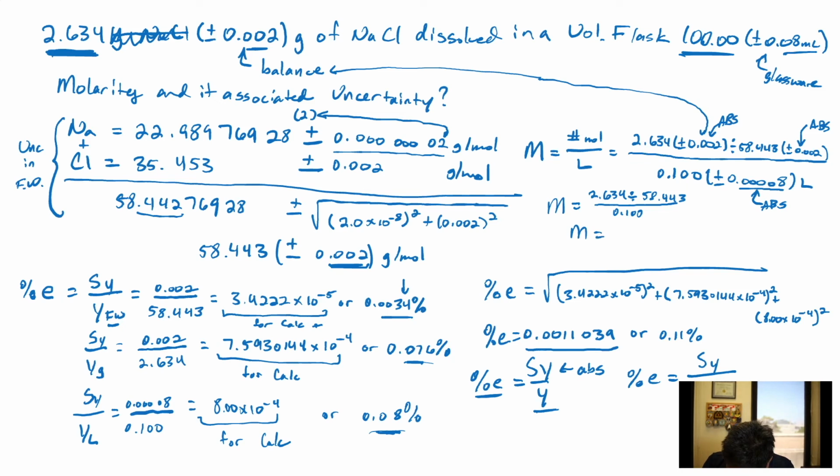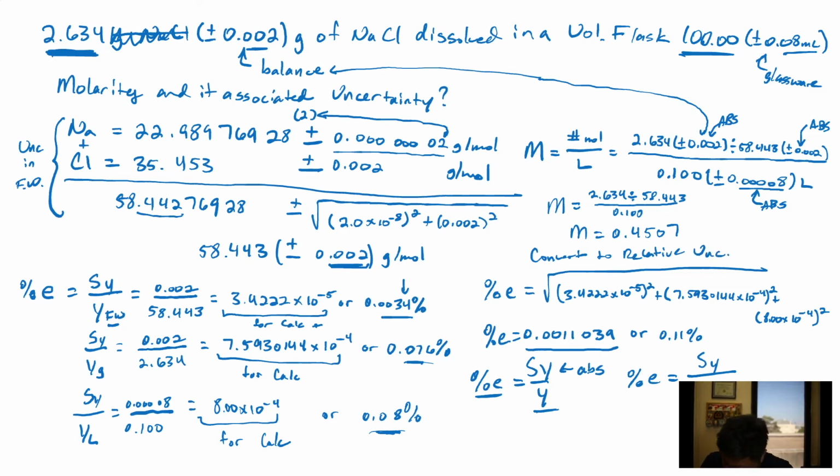M equals 0.4507. There we go. And then I'll just rewrite here, convert to... okay.